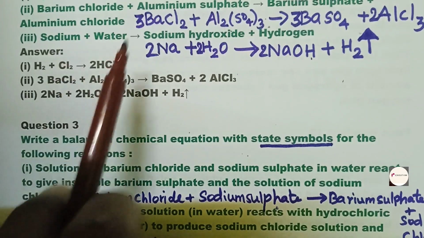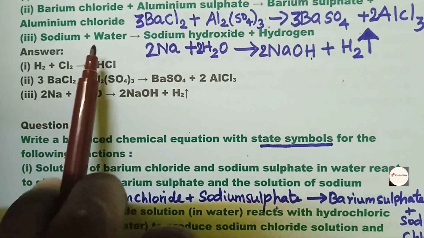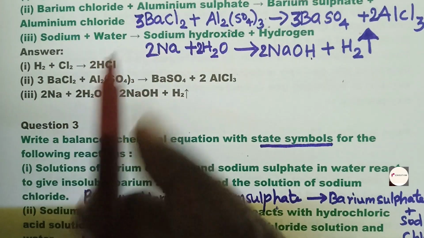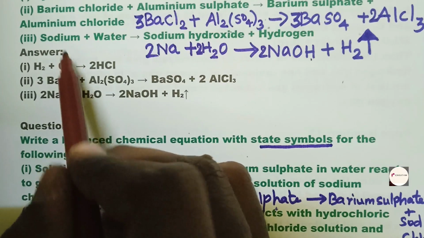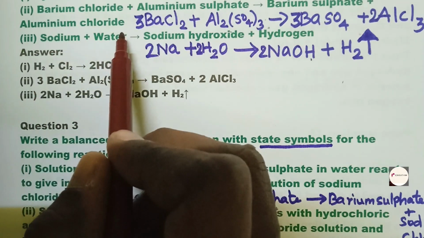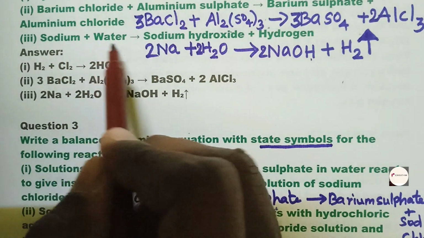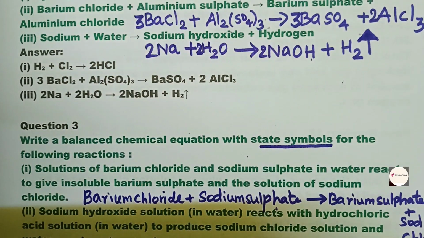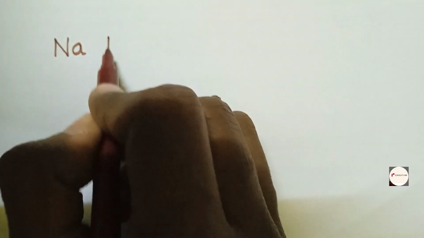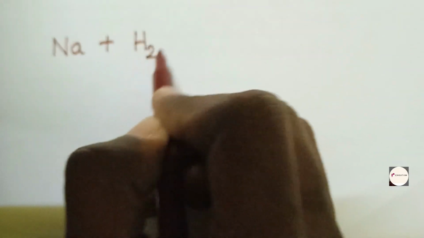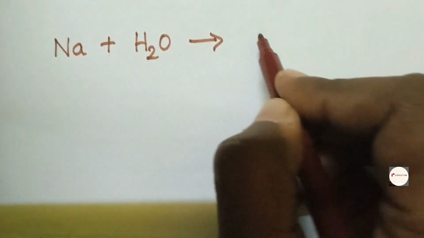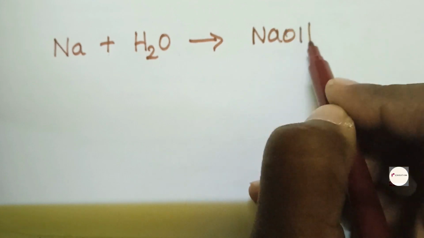Okay, as I told, the names of the elements you can write and the number of atoms present you have to do. So first you have to write the chemical equation. Then you have to balance. Sodium Na plus water H2O gives sodium hydroxide. So what is the required equation? First you have to write sodium plus water H2O gives sodium hydroxide.